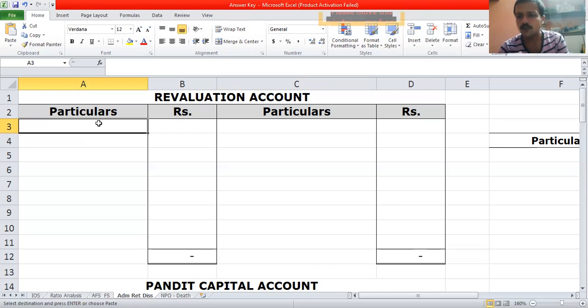Whenever we revalue, there will be an increase or decrease in the value of assets and liabilities, and due to that there may be loss or profit. That loss or profit will be recorded in the revaluation account.